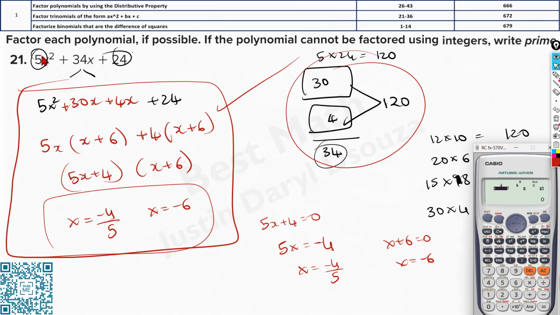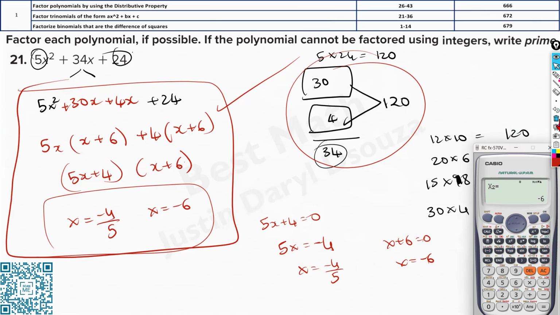A is the first term. See this 5. Whatever is the coefficient of the highest degree, that's x power 2. So 5 is over here. What about the next term, 34, which is the coefficient of x? And last is just the number 24. We need to write it entirely. So now the answer which we get is x equals negative 4 by 5 and x is equal to minus 6. These two answers are very crucial.